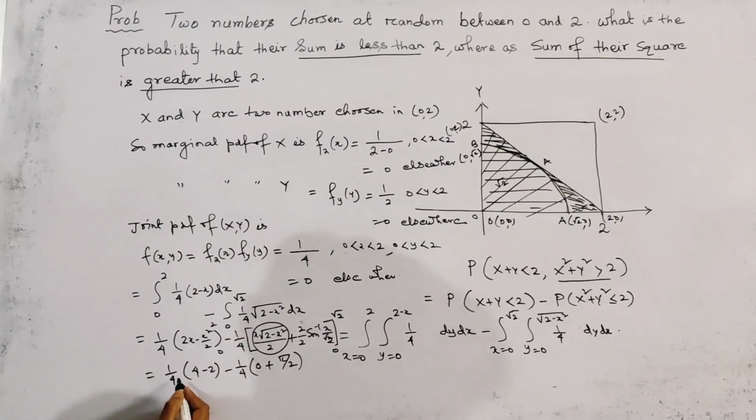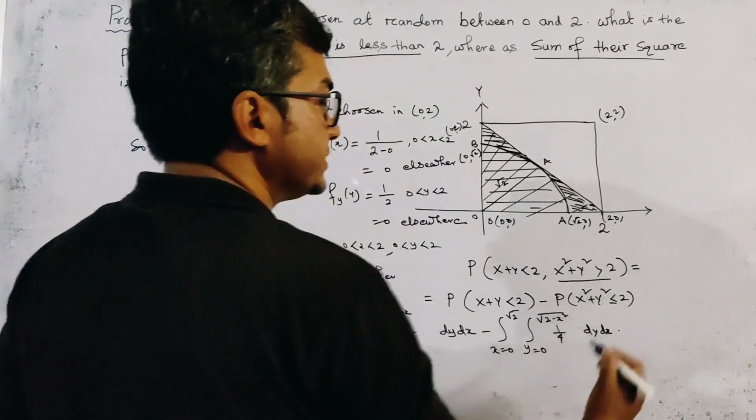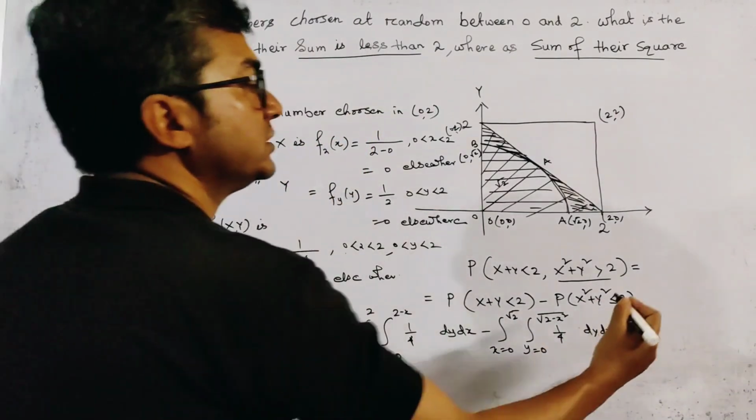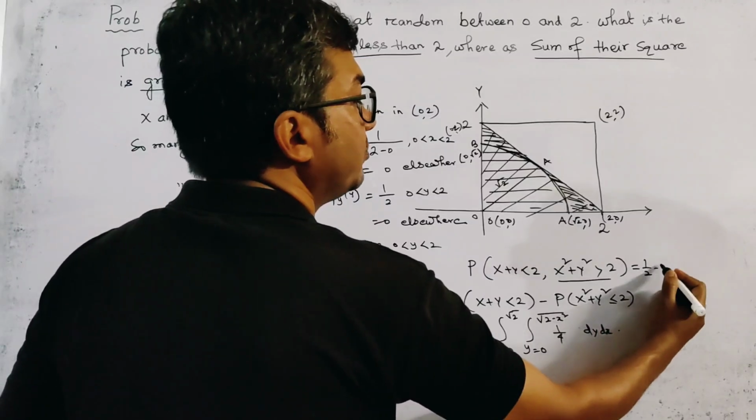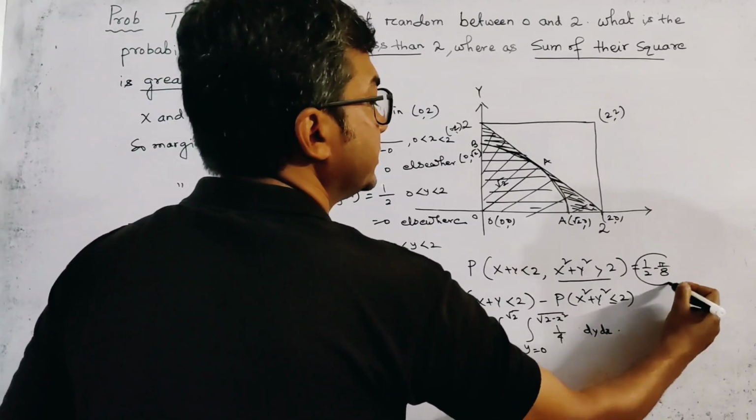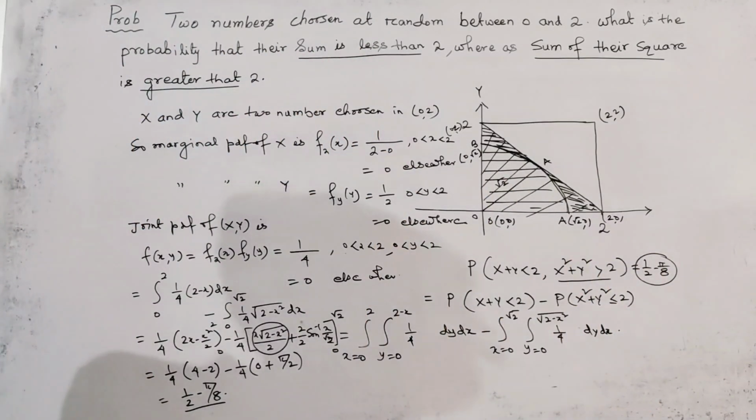So from the first term we get half, because 2 by 4, and from the second we get pi by 8. So the value of this integration is half minus pi by 8. This is our required result.